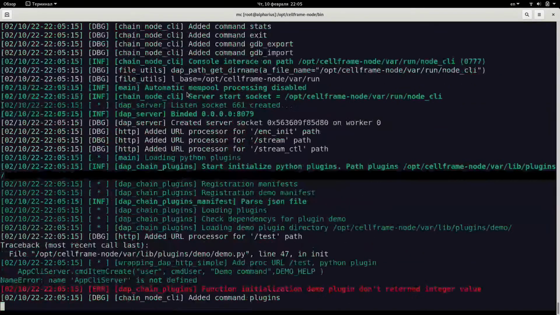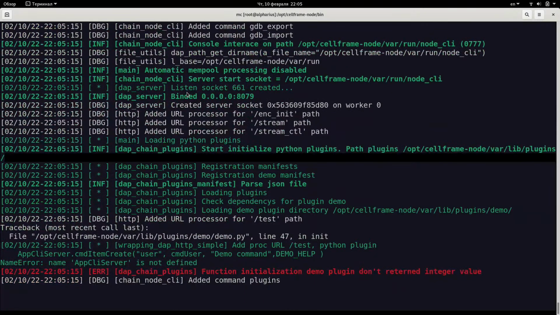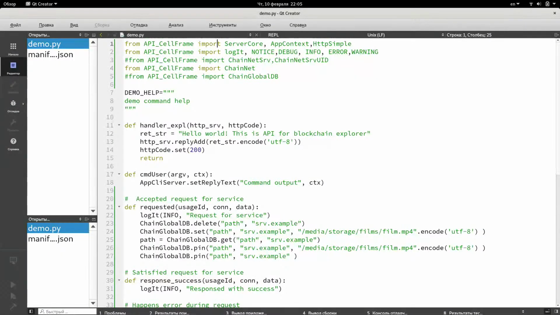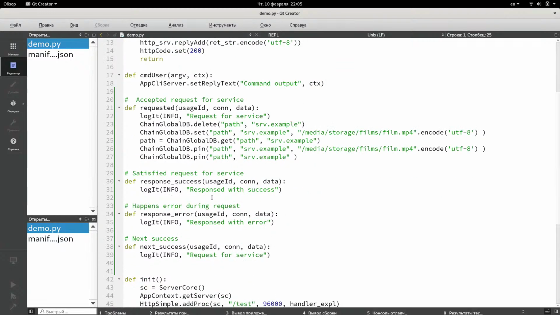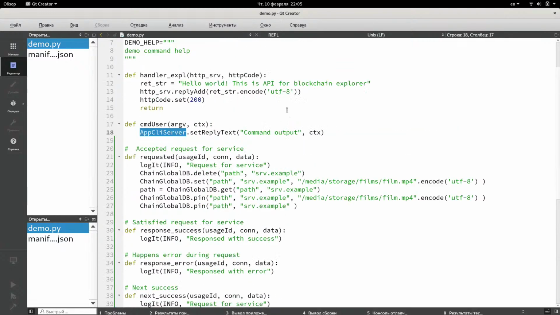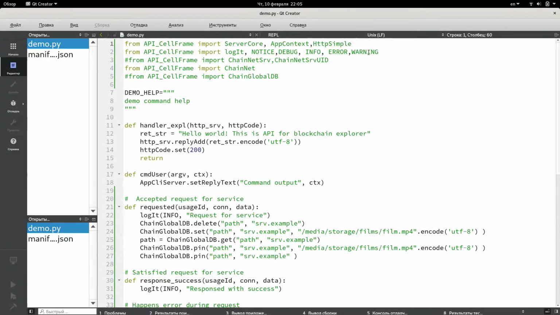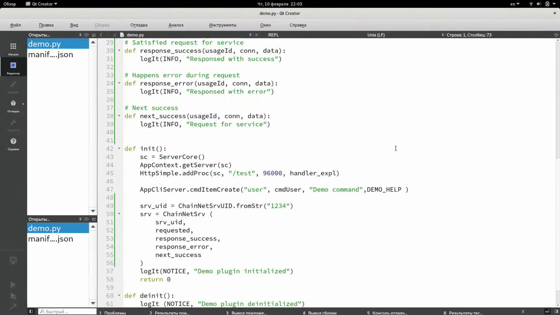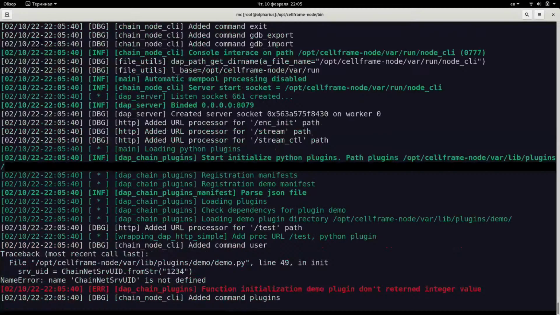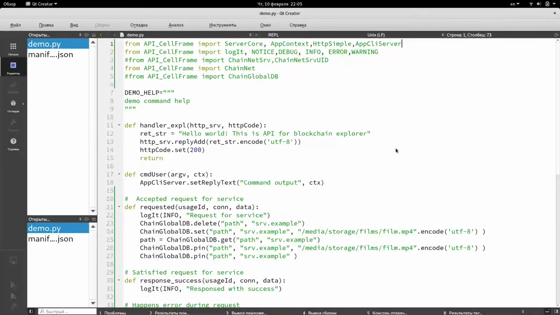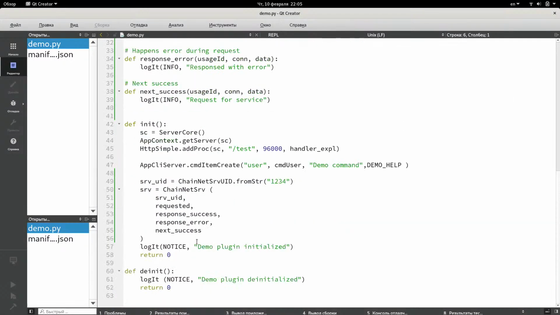Great. Okay. And server is also not defined. Why? It must be.